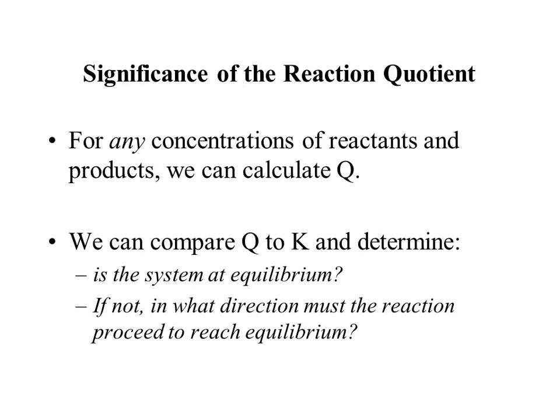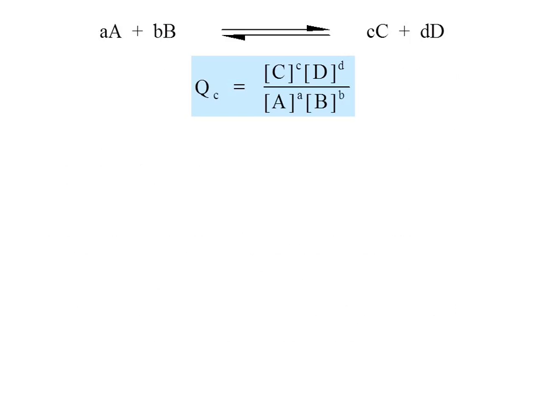If we compare our reaction quotient with our equilibrium constant, we can deduce a few things. There are three possibilities. Your snapshot is equal to your Kc, in which case you're at equilibrium, or your Qc could be larger than or less than your equilibrium constant Kc. So those are the possibilities.